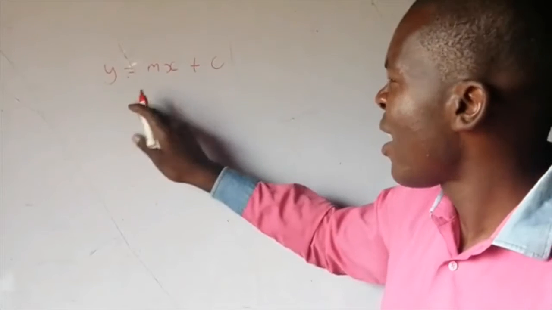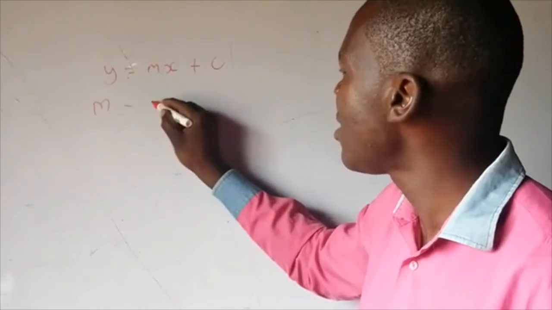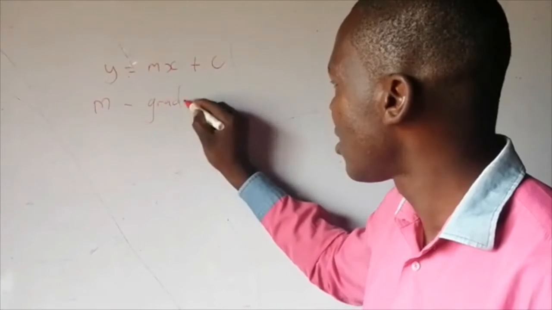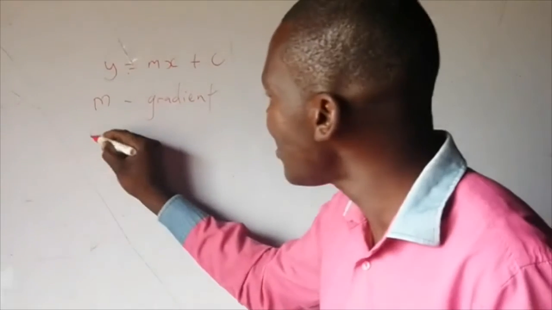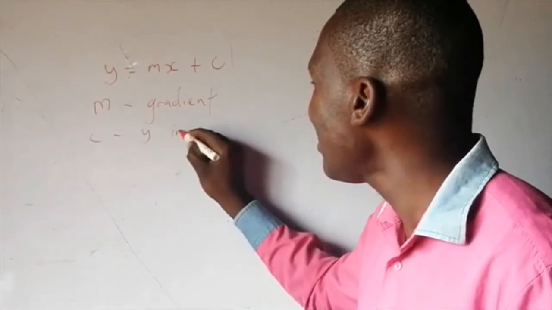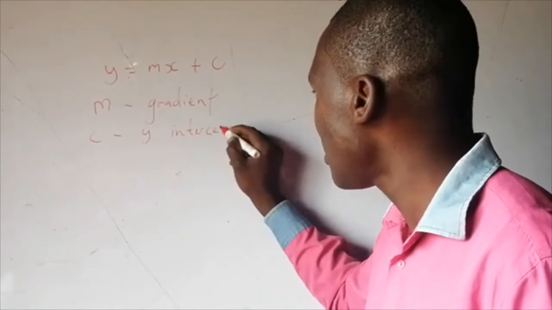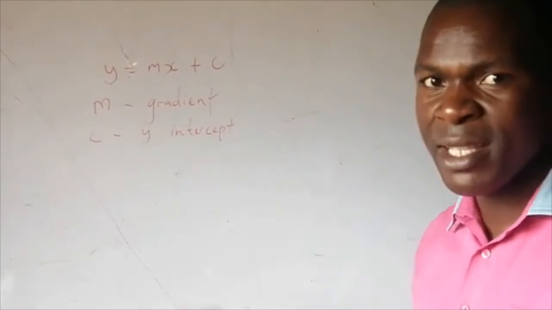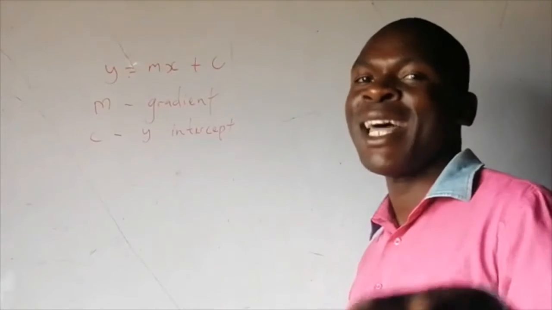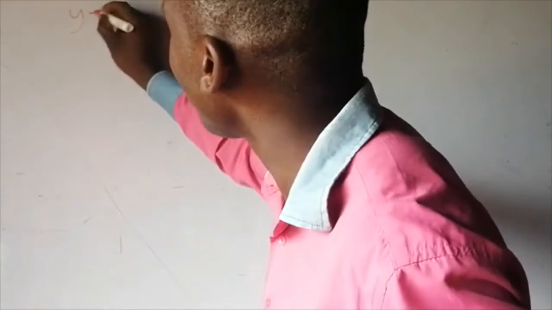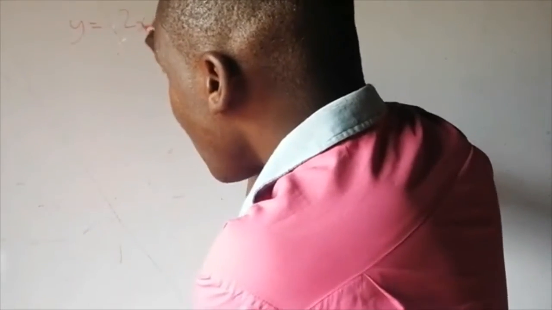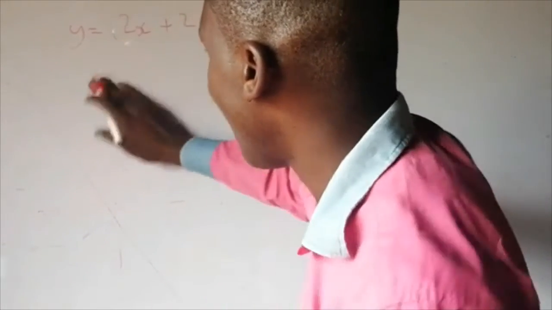In this case, m is the gradient, the slope of the line. Then c is the y-intercept. Y-intercept means this is where the line crosses the y-axis. Y is equal to 2x plus 2, right?